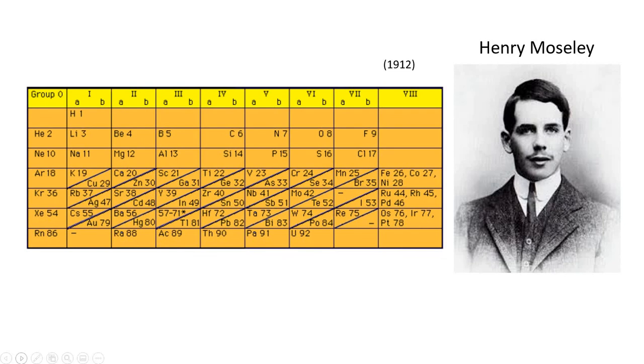And Henry Moseley, in his insight, pretty young in life, you can see he was very young, realized that better than arranging by atomic mass, the number of protons and neutrons, the periodic chart should be arranged by the atomic number, which is just the number of protons. Because protons and neutrons sometimes aren't the same, so they varied from place to place.